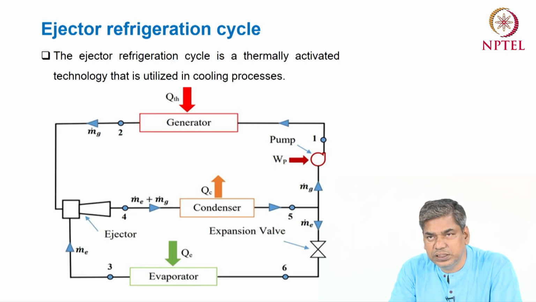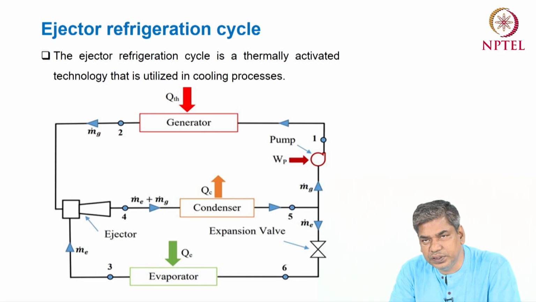As you can see, this cycle consists of different components. The evaporator, the condenser and the expansion valve are the same as in the simple vapor compression system.